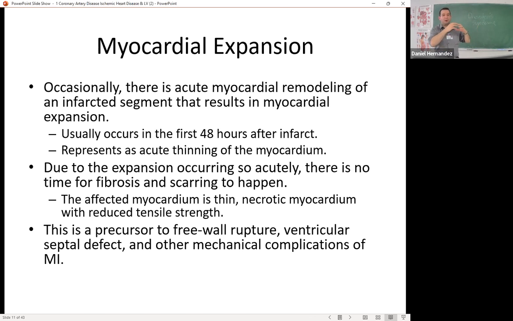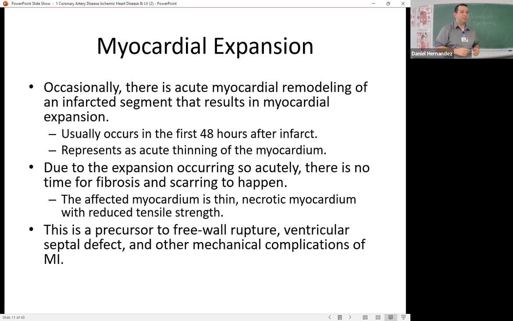And because that heart expanded and the myocardium became so thin so rapidly, it didn't get a chance to become fibrotic and develop that fibrotic scar. That fibrotic scar is very dense. I don't want to say thick, it's dense, it's kind of hard, and that fibrotic scar will prevent aneurysm from occurring.